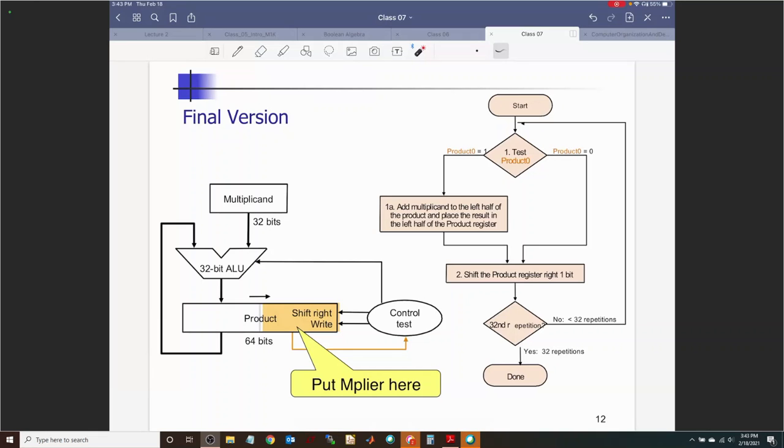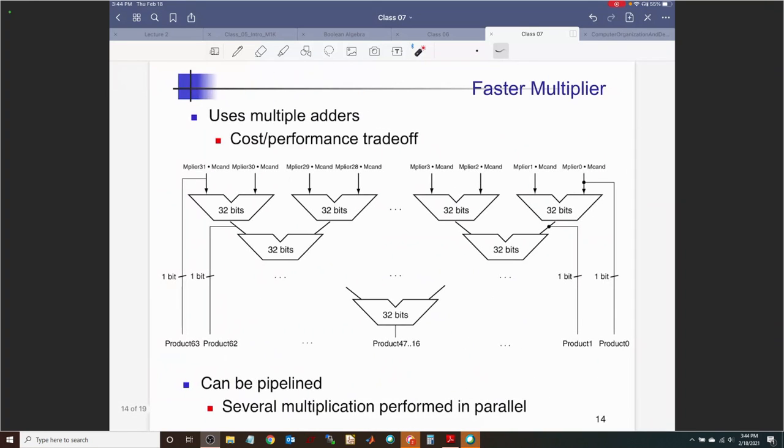So it looks like as you increase the number of bits, the time it takes to compute the multiplication result is going to keep increasing linearly. More and more addition operations. That's not very fast. So let's try to look at an alternative, which is the faster multiplier.